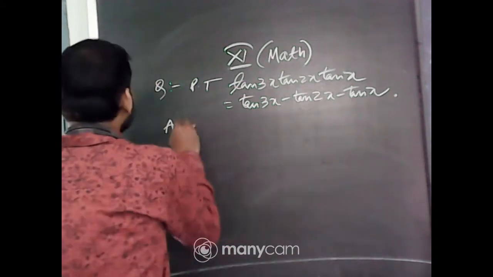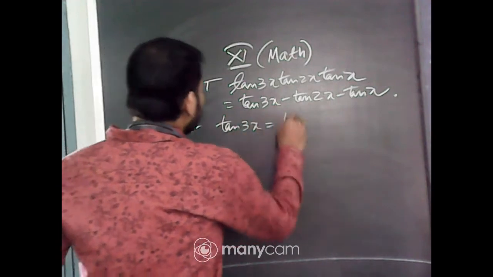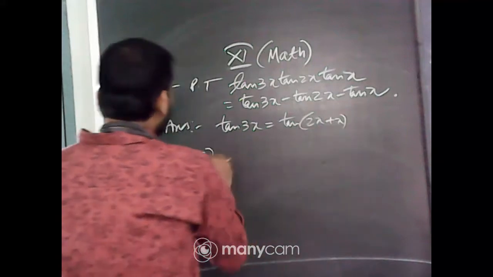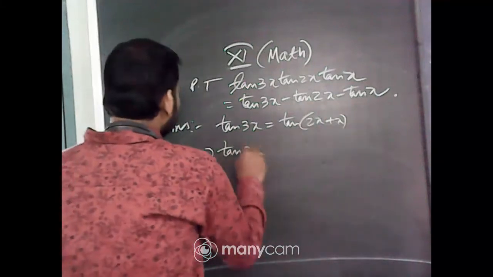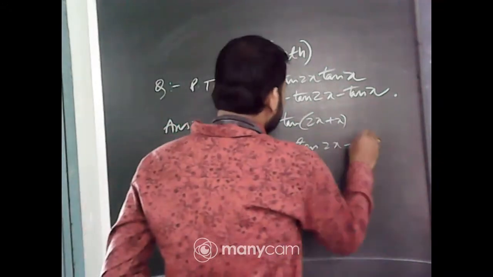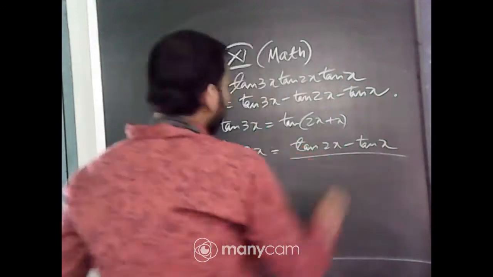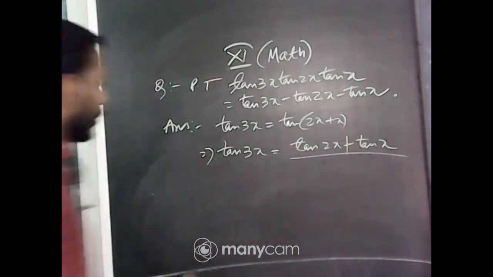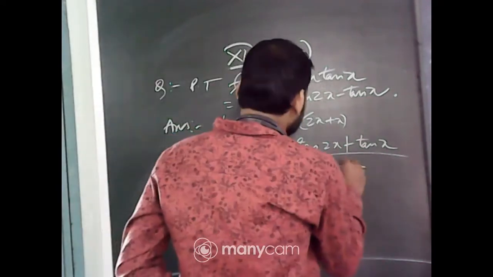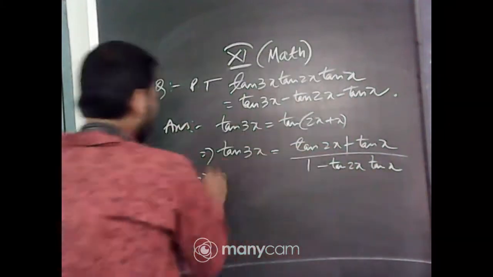Okay. So here tan 3x can be written as tan of 2x plus x. So tan 3x equals to, sorry, it will be plus, tan of A plus B means tan A plus tan B by 1 minus tan A tan B. So tan 2x plus tan x by 1 minus tan 2x into tan x. Now cross multiply it.